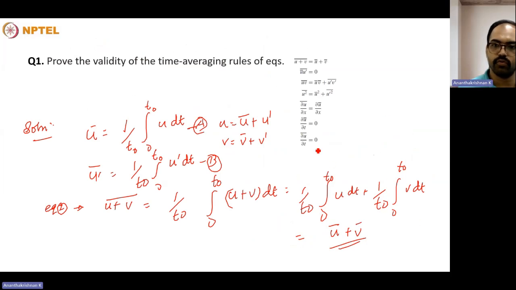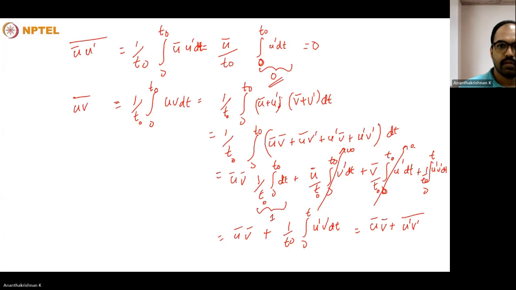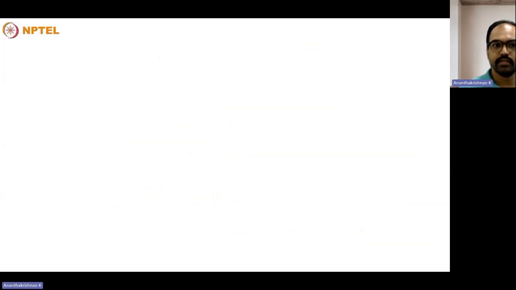Now we can move to the fourth one. The fourth one says u squared average is equal to, distributing it among the mean and the fluctuating terms, just similar to this case.